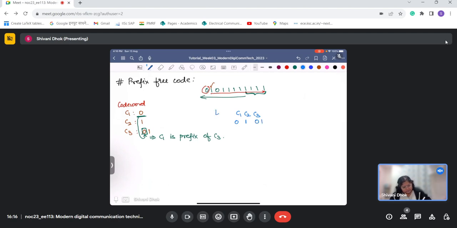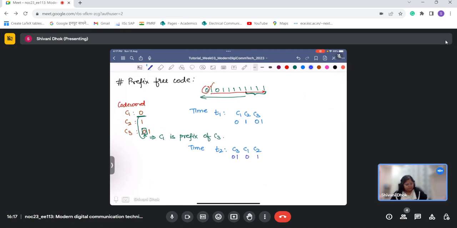Let's say this is transmitted at time t1. Now suppose at time t2, I am transmitting C3, C1, and C2. Again, what will the receiver see? The C3 is 01, this C1 is 0, and this C2 is 1.